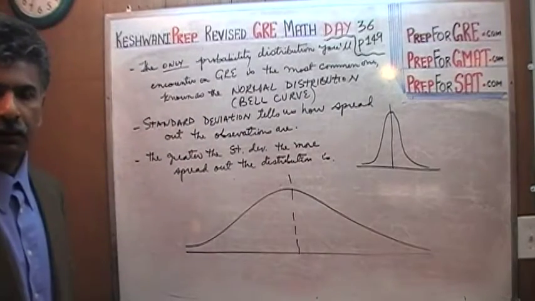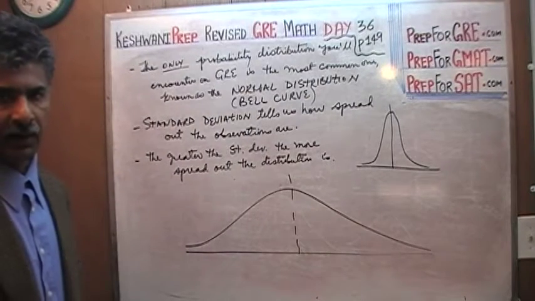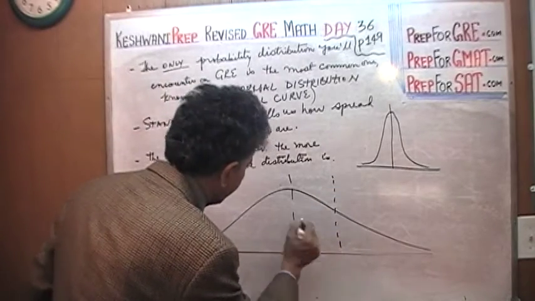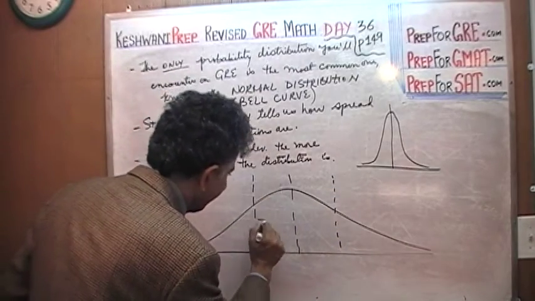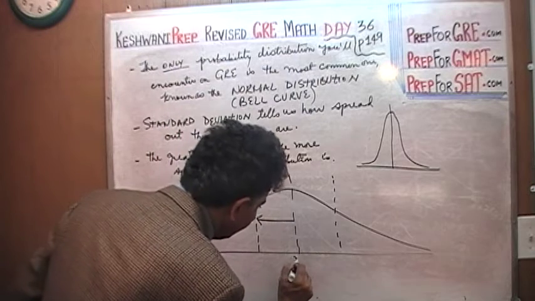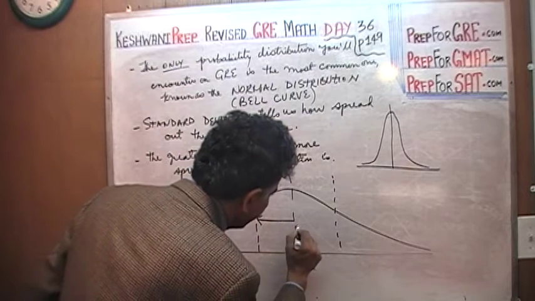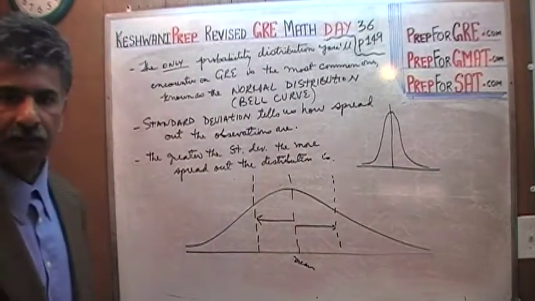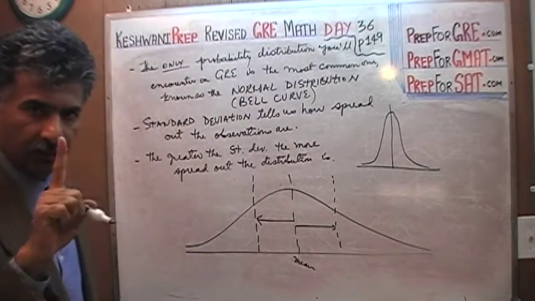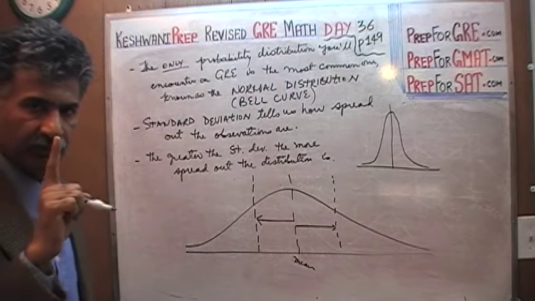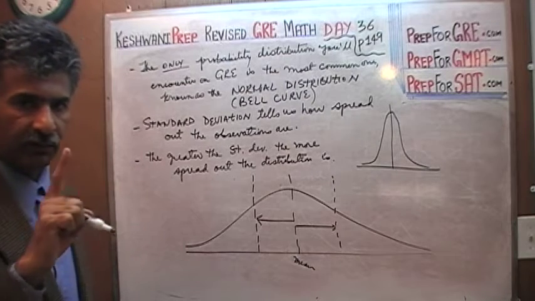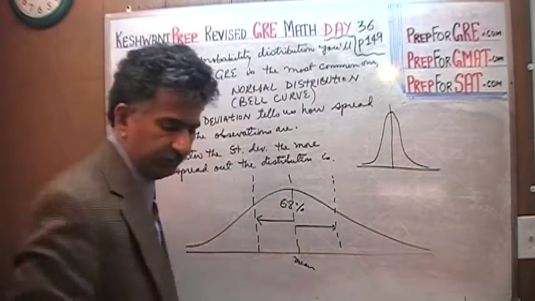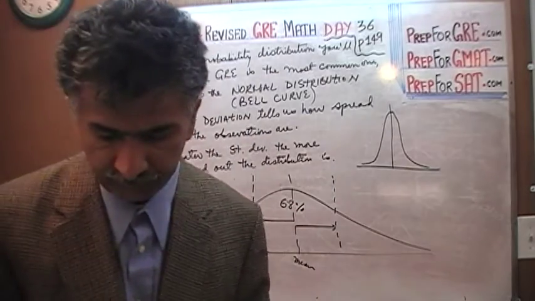Here the standard deviation is going to be very large, and what the standard deviation tells you is that within the first standard deviation, this is 1 standard deviation below the mean, and this is 1 standard deviation above the mean, we capture 68% of the population, 68% of the observations.